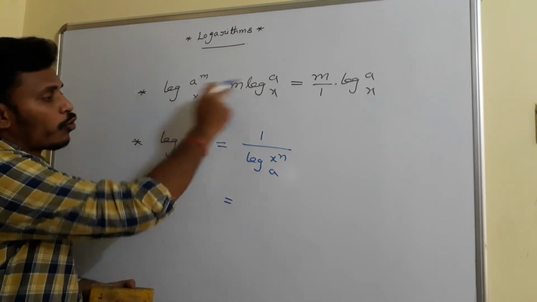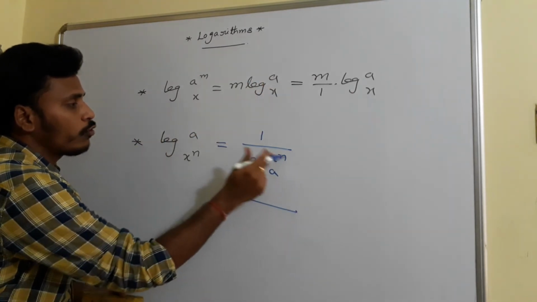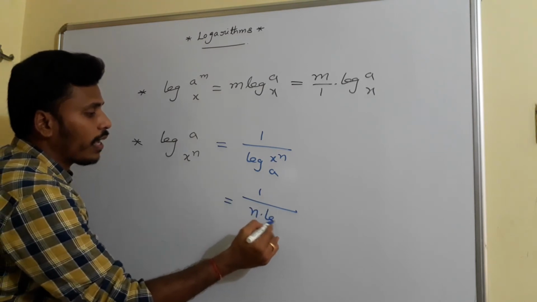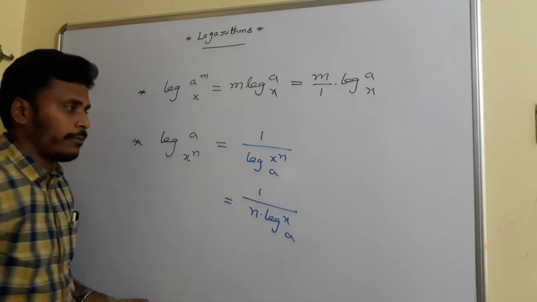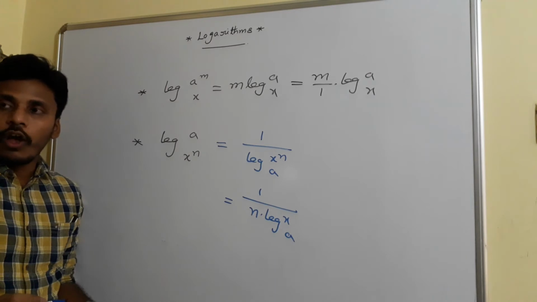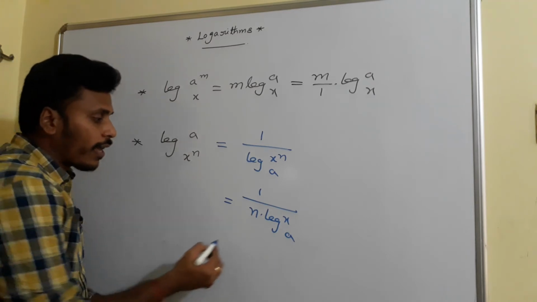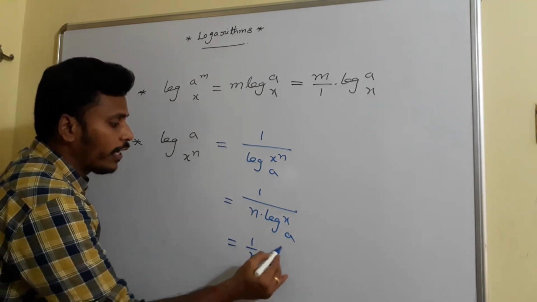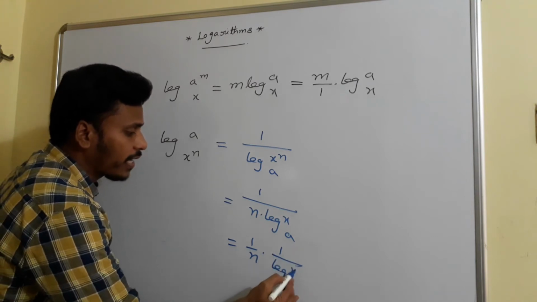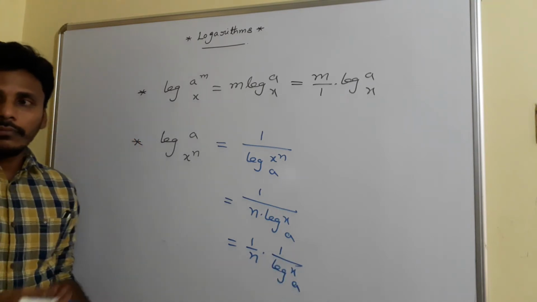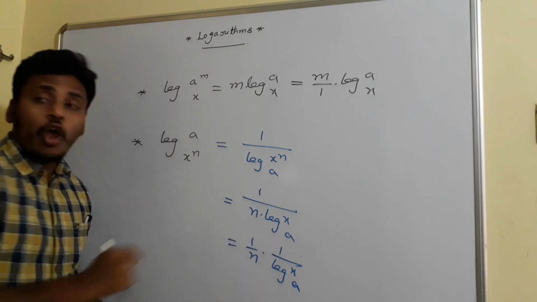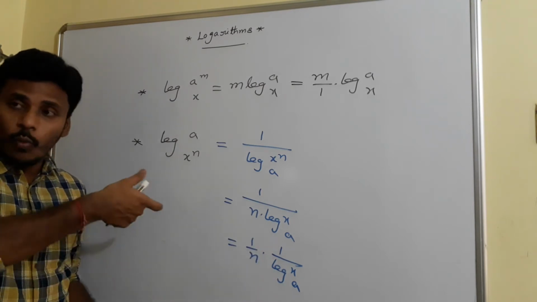Now, by the support of this law, I will rewrite it: you send n this side, and it becomes n times the log x base a. 1 by n into log x base a. And again, 1 by n into 1 by log x base a. Just have a look, this 1 by log x base a can be written again as 1 by, right?